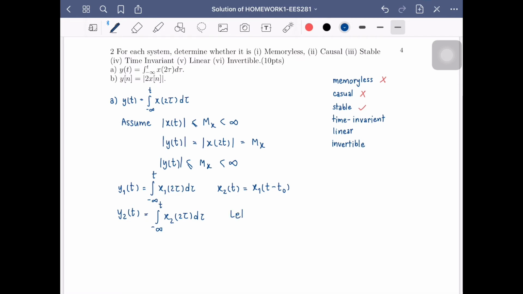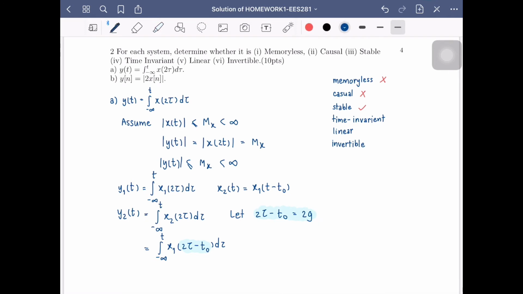Then we let 2 tau minus t0 equal to 2g to make it easier.